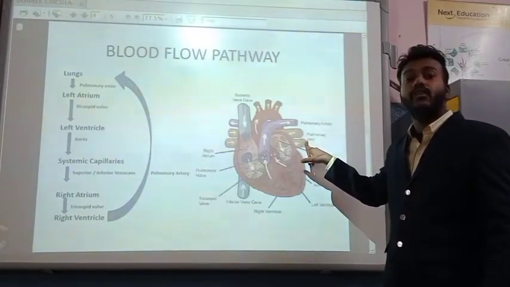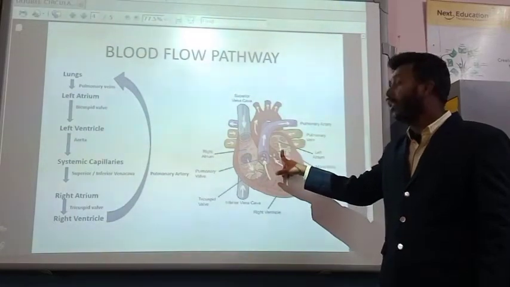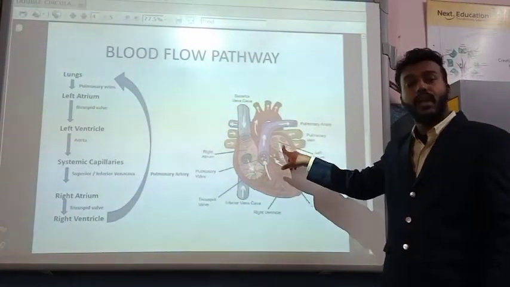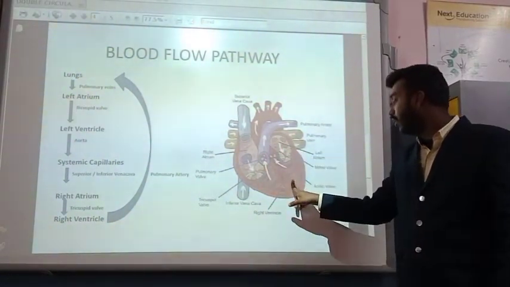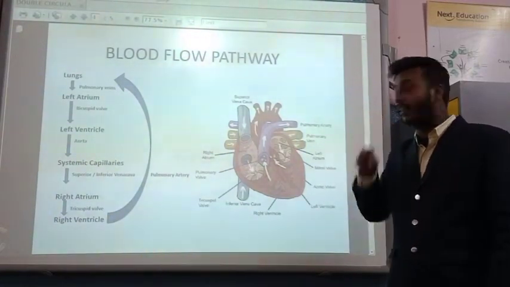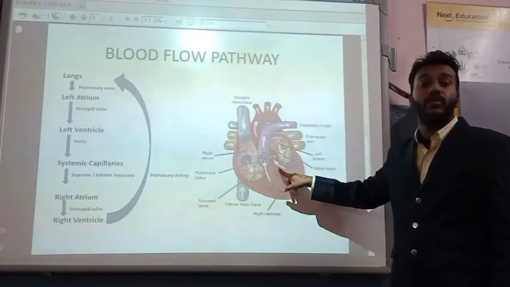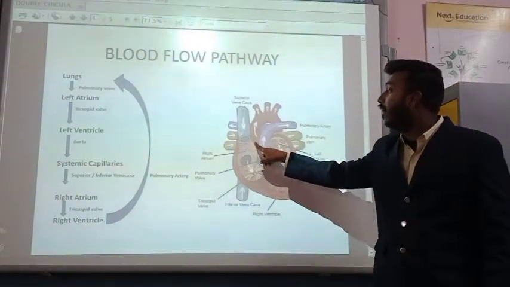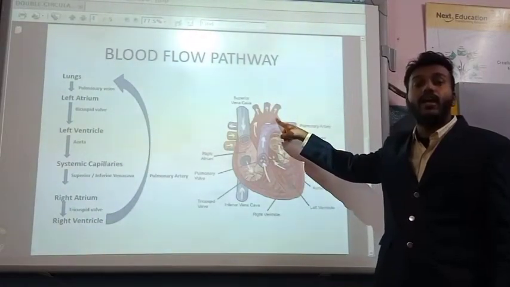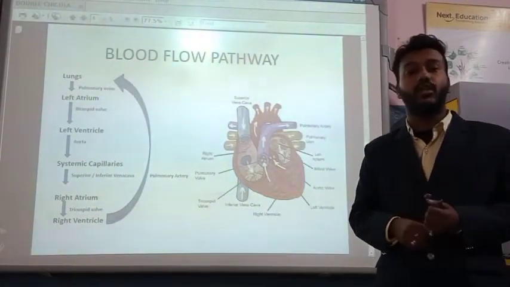It allows the oxygen-rich blood to enter first into the left atrium of the heart. From the left atrium, it is pushed to the left ventricle, and when the heart contracts, from the left ventricle this oxygen-rich blood is drawn out of the heart through the aorta, and this aorta leads the oxygen-rich blood to the body tissue sites.